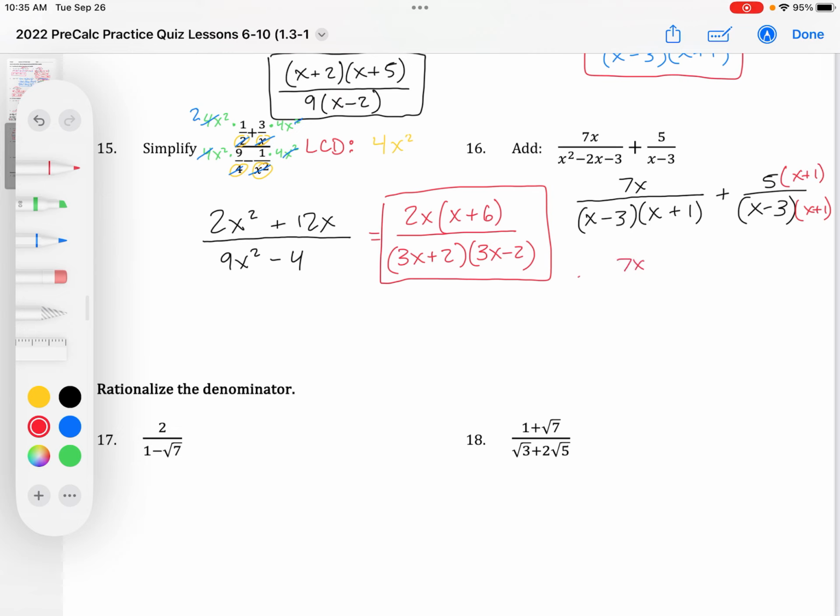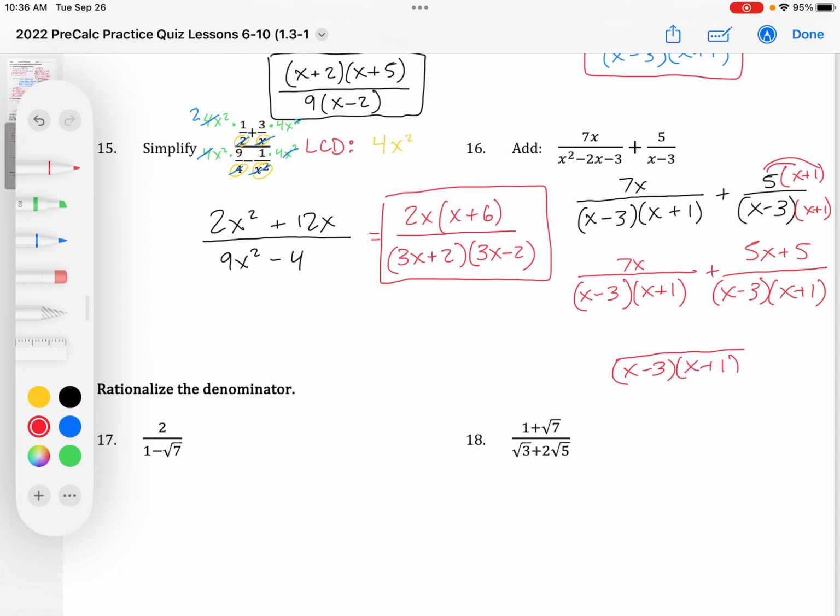This is going to turn into 7x over x minus 3 times x plus 1 plus, if you distribute 5, you get 5x plus 5 over x minus 3 times x plus 1. So we know our answer is going to have x minus 3 times x plus 1 in the denominator. And in the numerator, we can combine our x's, giving us 12x, and then that plus 5 will just stay there. And that is all you can do there.